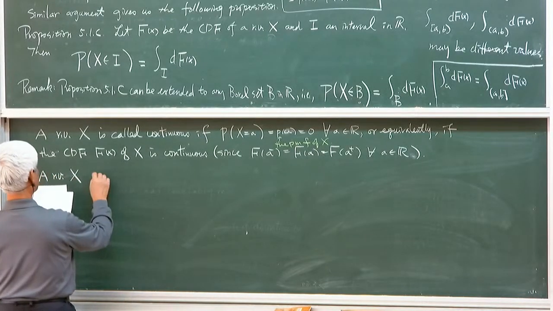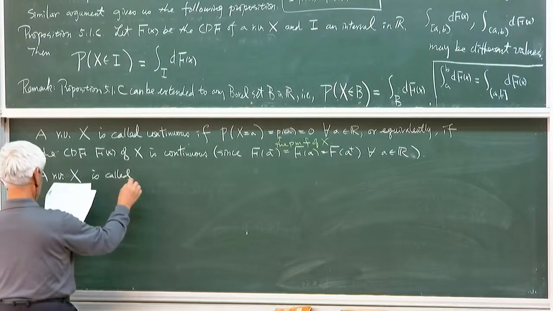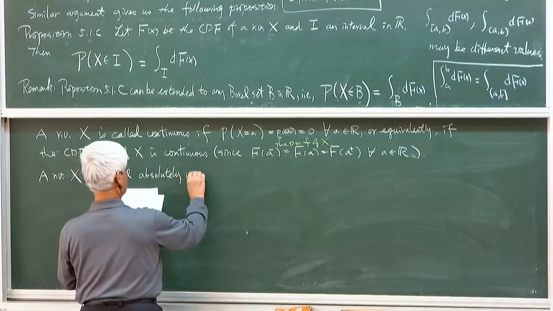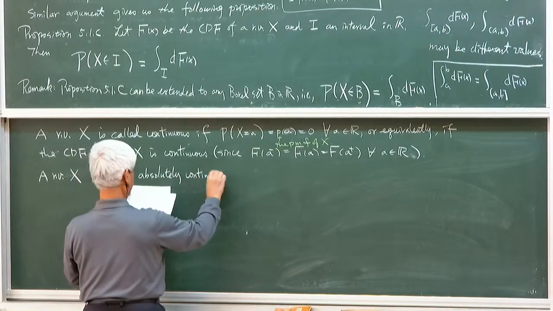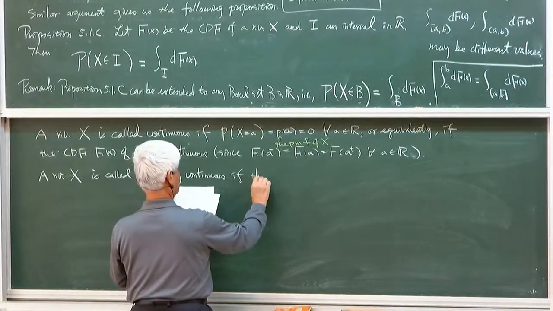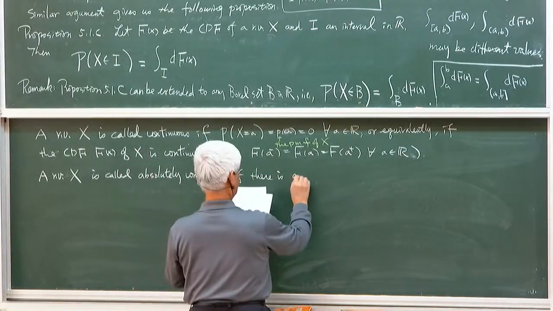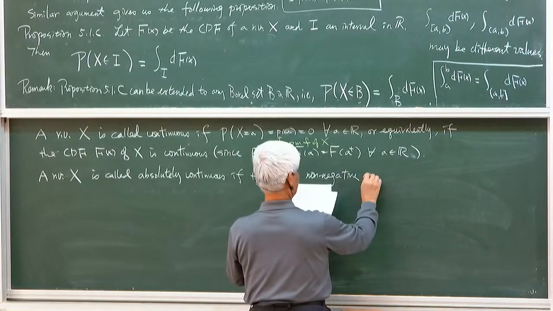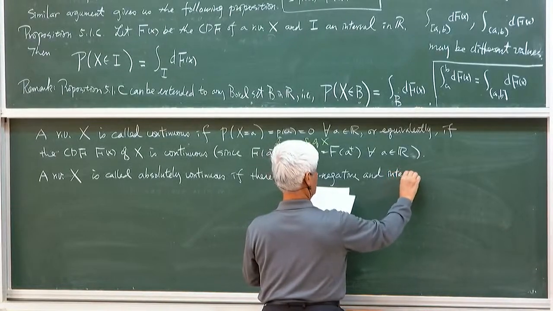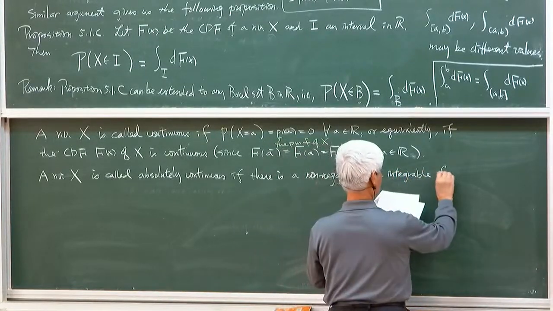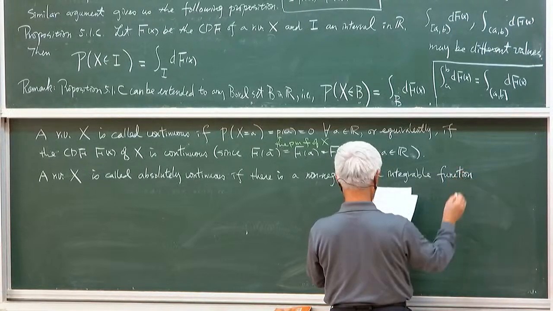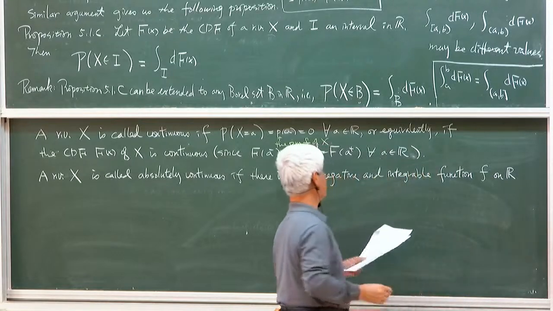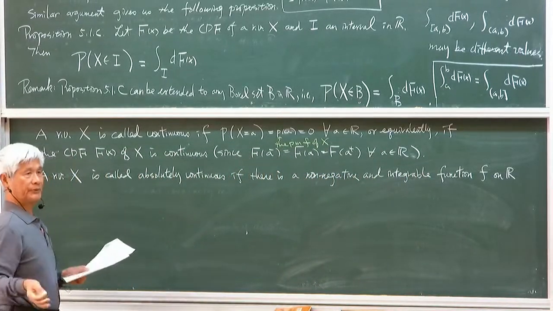Now, I will give a much stronger condition than continuity. A random variable X is called absolutely continuous if there is a non-negative and integrable function f on R. Okay, so this function is defined on the whole real line.